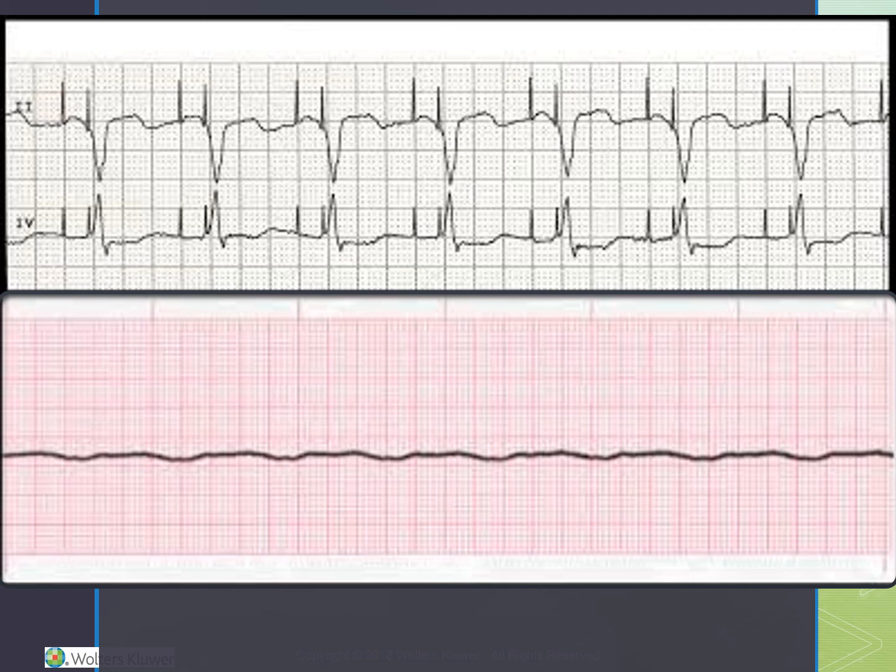If it's right before the QRS, that's ventricular. If it's a little distance away, that will be your atrial. Having both of them, we have an electrode in both areas. The bottom strip is showing asystole. This is considered flatline or cardiac standstill, and there is no discernible rate or rhythm.